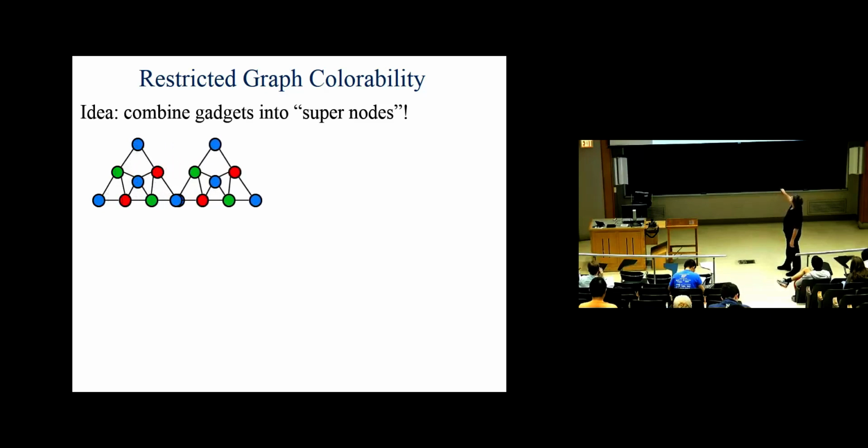Now let's copy this gadget one more time. And this double gadget has the same properties as before. How many can see that? It's 3 colorable, but not 2 colorable, right? And the corner nodes, this node, this node, this node, and this node must all acquire the same color as each other, right?